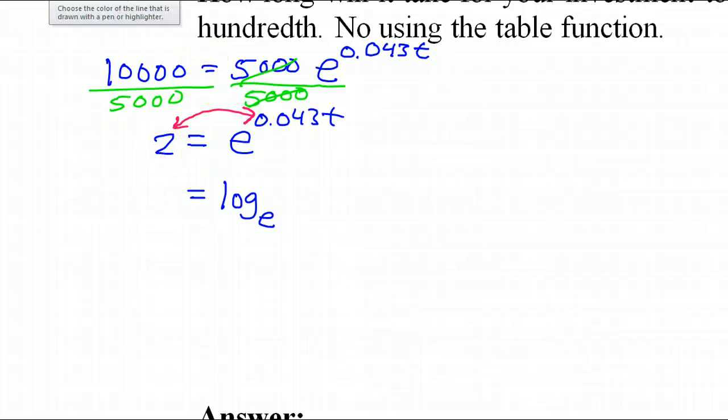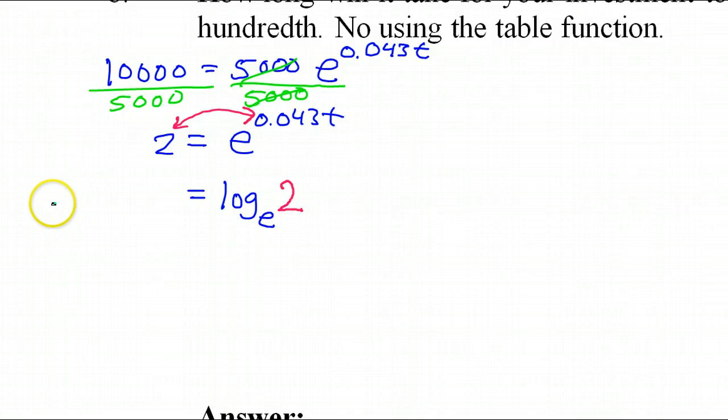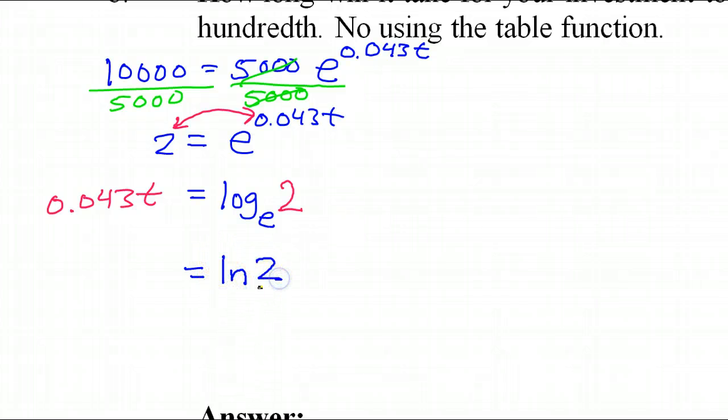So this 2 comes over here, and this decimal comes over here. But we don't write log base e. What do we write? We write natural log, because that's what natural log means. So let's do that.